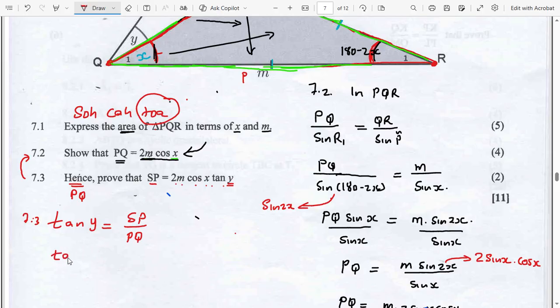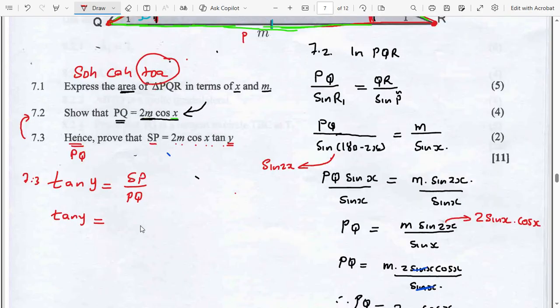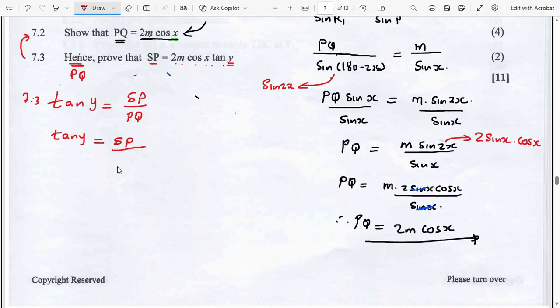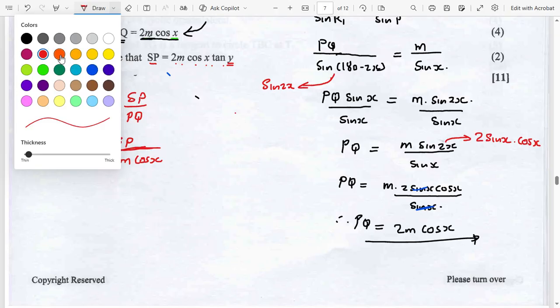So this will be the tan of Y. This is equal to SP. Remember, we are looking for SP. So I'm going to leave the SP like that and divide this by PQ, which is something that we got as 2m cos x. So this is what I have. Now, how can I make the SP subject of the formula? Easy.